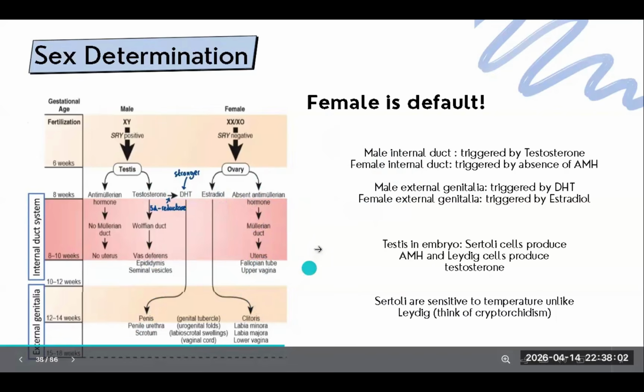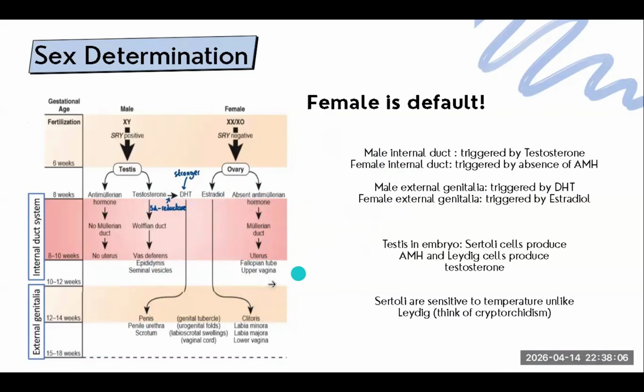Estradiol, okay? Now, in the embryo, Sertoli cells produce AMH, and Leydig cells produce testosterone. However, in a grown-up, Sertoli cells would not produce AMH. They would instead be involved with spermatogenesis, and Leydig cells will still continue to produce testosterone.